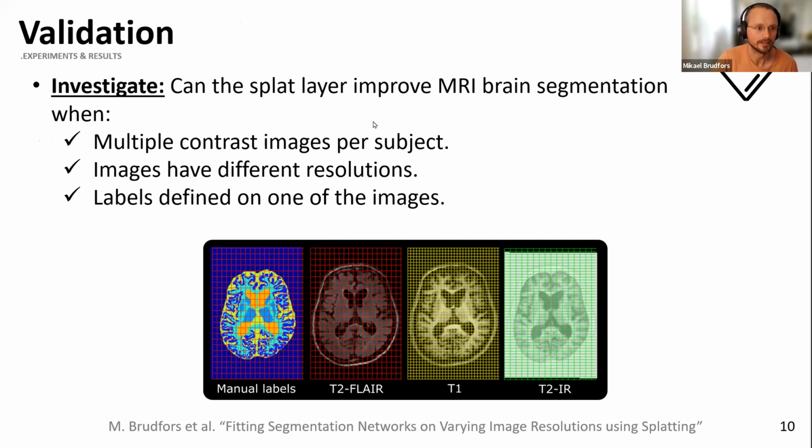Okay, so that's the methods section, and I'm happy to answer any questions at the end if you need more clarifications. So how did we validate this then? Well, we wanted to investigate if using these splatting operators inside of a network would improve MRI brain segmentation when we had multiple contrast images per subject, like for example here, a FLAIR, T1 and a T2, and the images had different resolutions, and the labels were defined on one of the images.